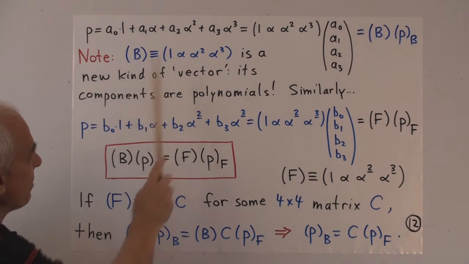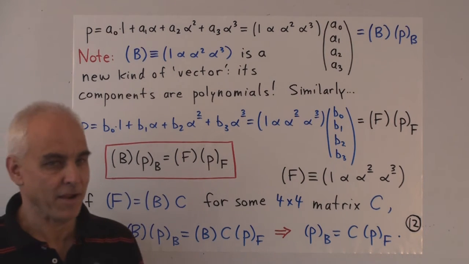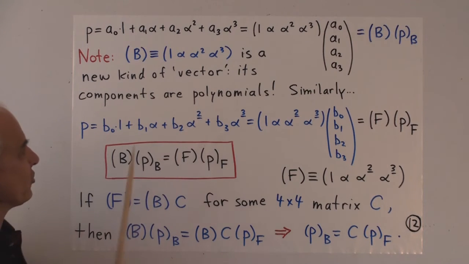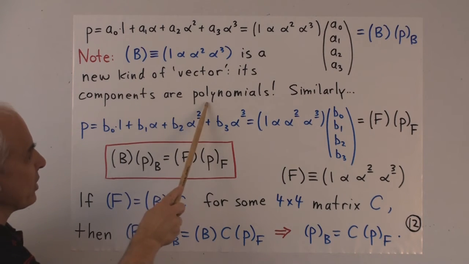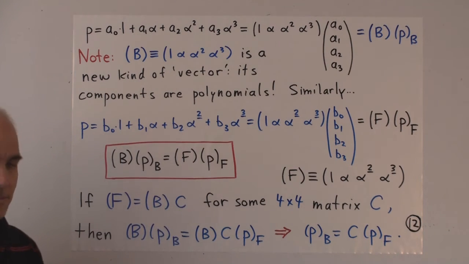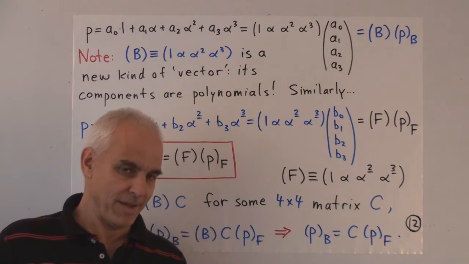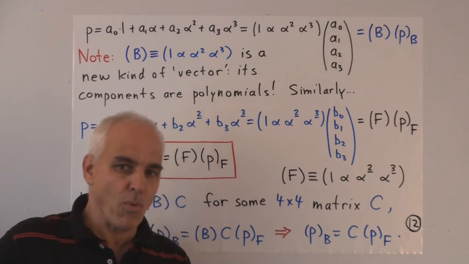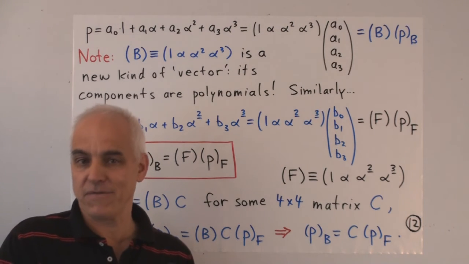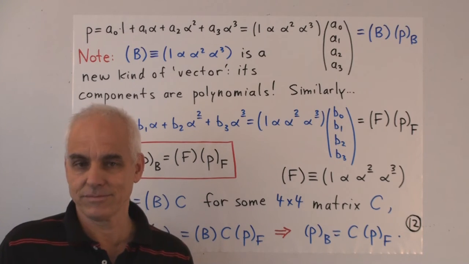So this new kind of object is a kind of vector, but its components are actually polynomials. But that doesn't bother us. We're just going to work with them as if they were numbers. The algebra still works even if these things are not numbers, if they're vectors instead.